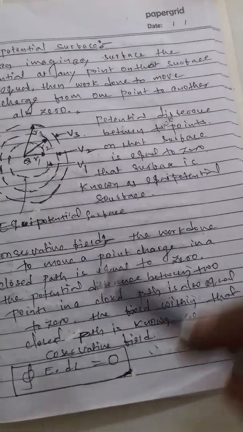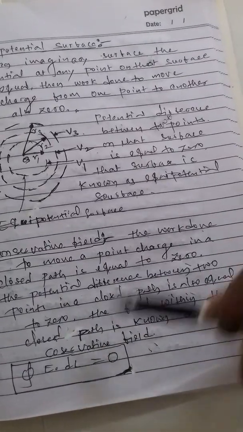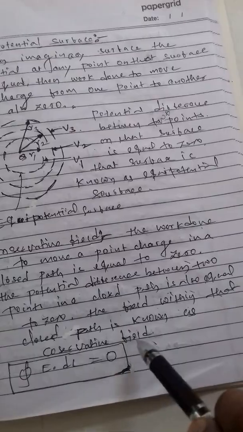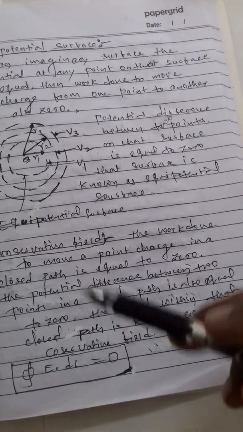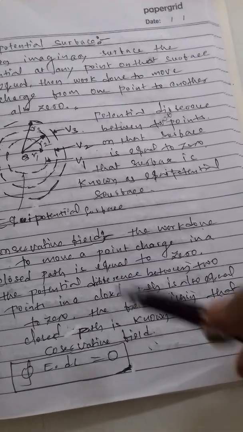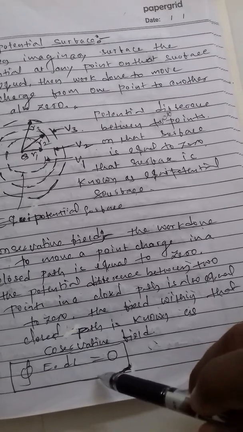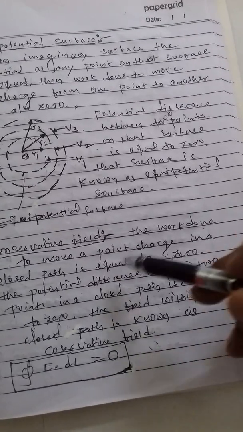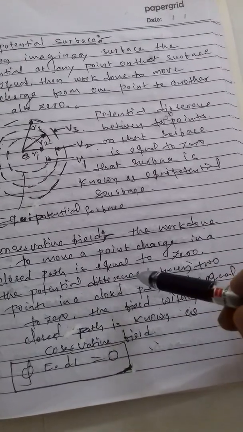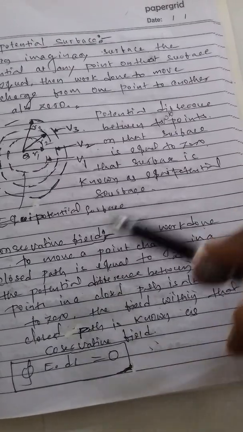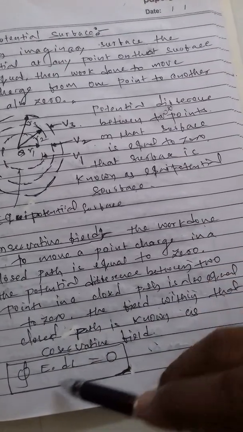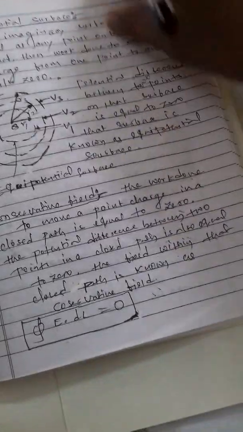So the work done to move a unit positive charge from one point to another point in a conservative field is equal to 0. That is known as the conservative field.